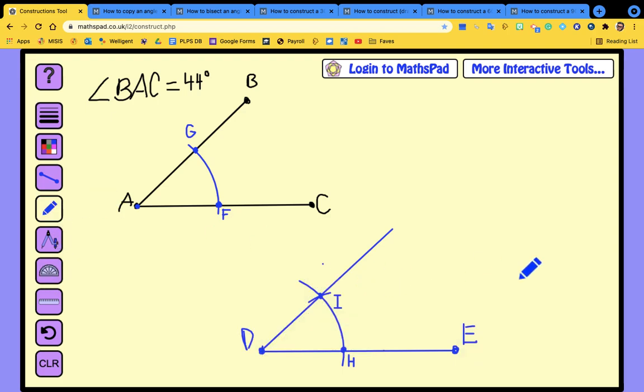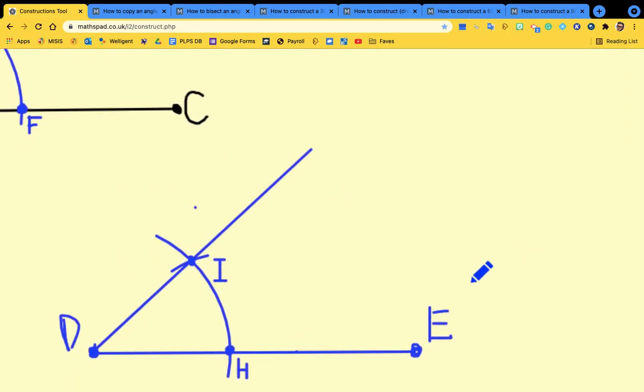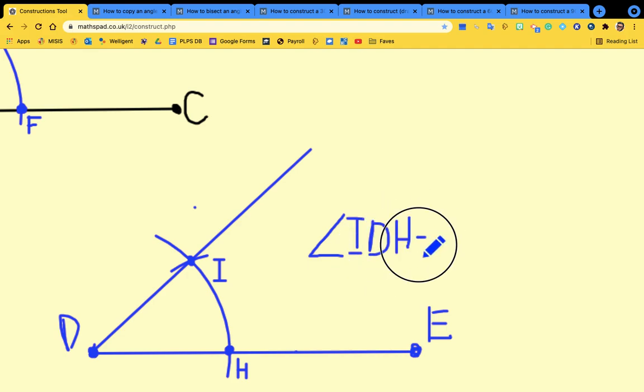Look at that. So this is angle, and I need three letters: I, D, H. Angle IDH is equal to 44 degrees. Look at that.